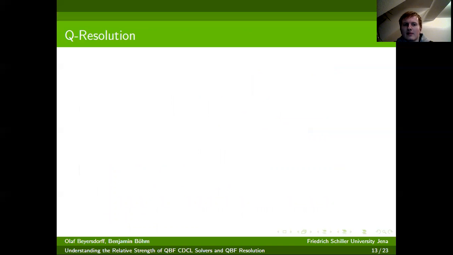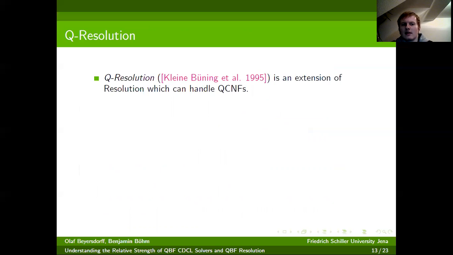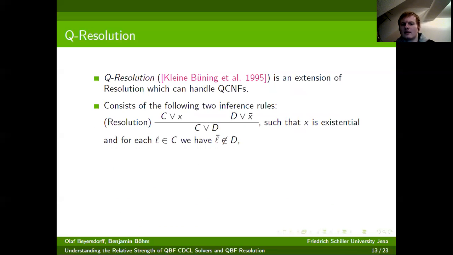Let's explain the underlying proof system, which is Q-resolution. Q-resolution is an extension of resolution which can handle QCNFs, and it consists of two inference rules.